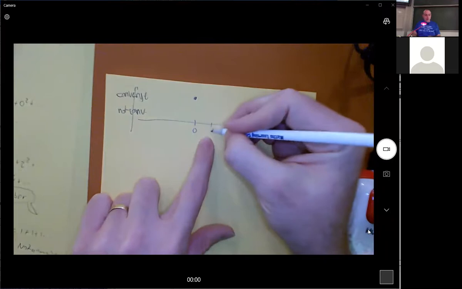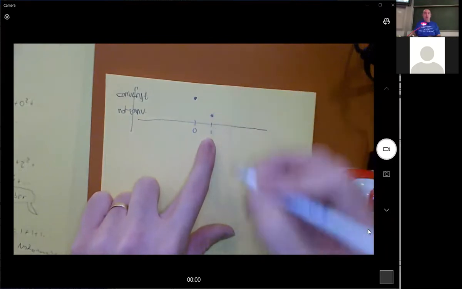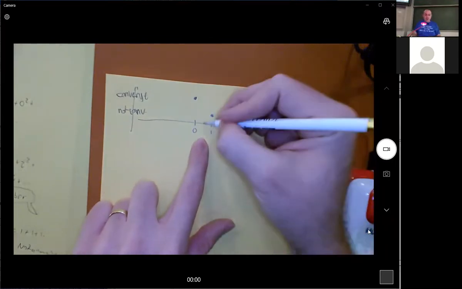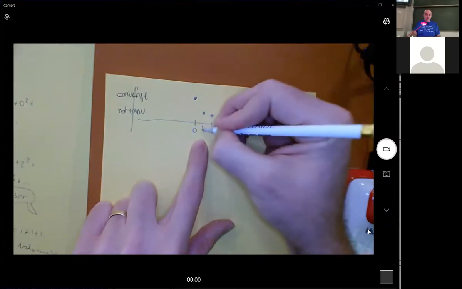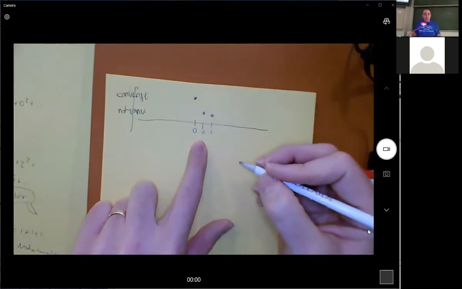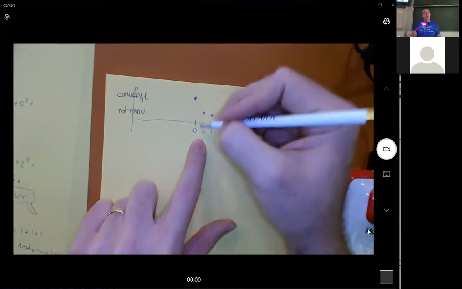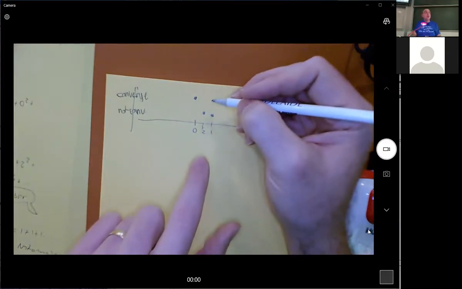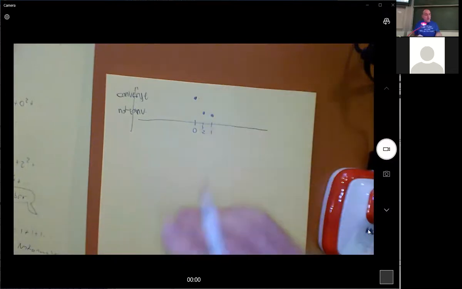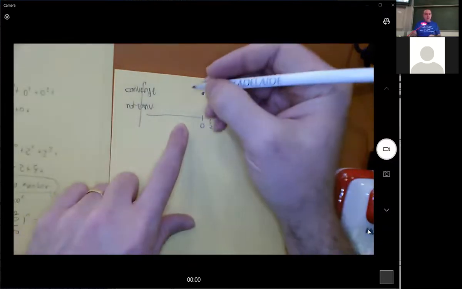And here when x is 1, the answer is not converge. And here when x is a half, the answer is not converge. So somewhere between 0 and a half, putting in an x will switch over between things converging and things not converging. And I also know that when I go down here to minus a half, it does converge there.